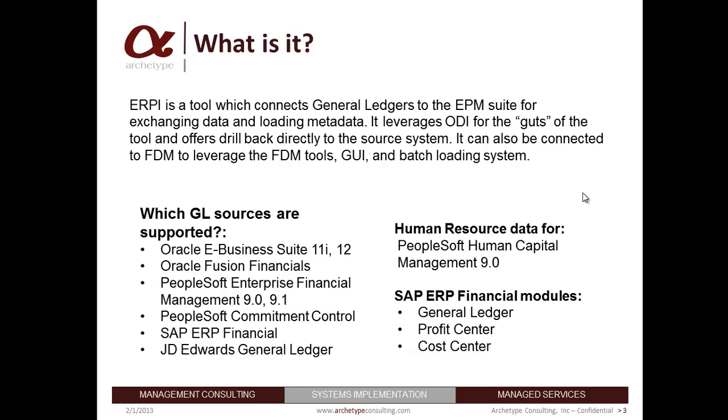The one nice thing about it is it's got out-of-the-box capability to connect to those. If you look on the screen, it can connect to all of those GLs and even PeopleSoft human resources data, and it can build for that. So if the customer has a GL that's one of these listed, ERPI becomes very valuable if they're already doing a planning implementation.